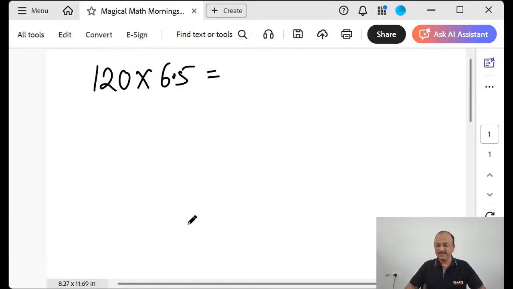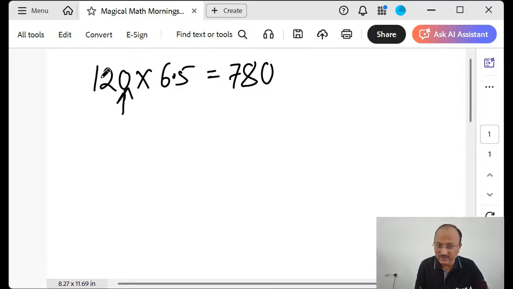Yes, very simple. 13 sixes are 78. We get 78, but 10 you should not forget. This 0 you are going to put here. 780 is the answer. Yes. Some of you missed this 0. Whenever we are taking a bigger number, always be careful while putting 0 in the end.